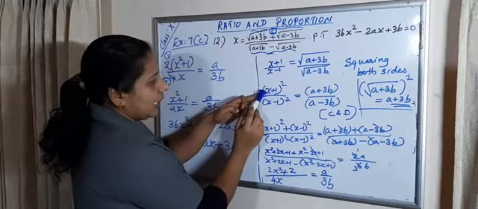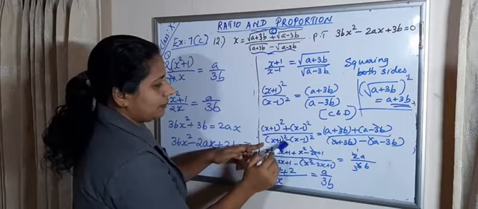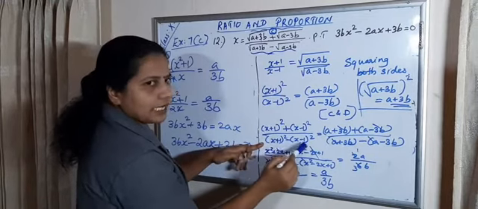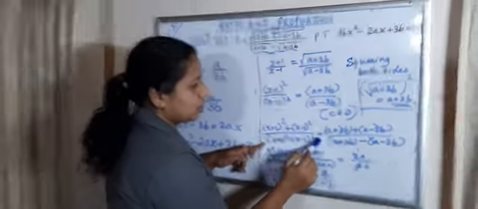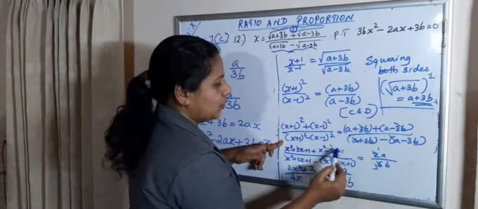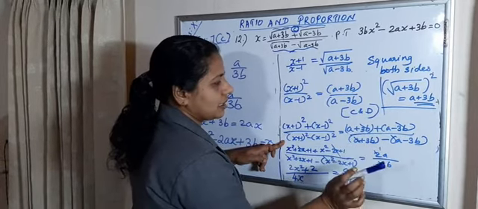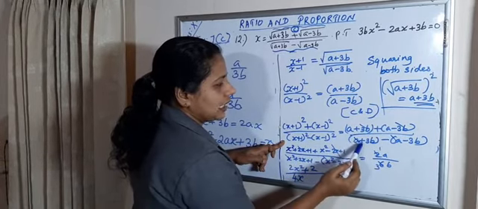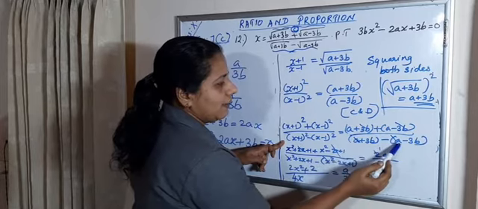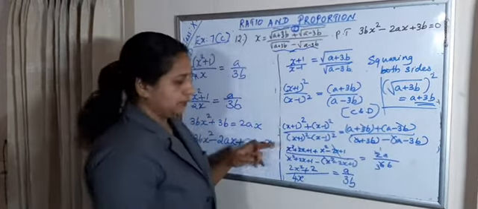So a plus b minus a divided by a minus b, okay, that is a plus a is 2a, plus 3b minus 3b is 0, cancelled. Then next one, a minus a is 0, 3b plus 3b is 6b.